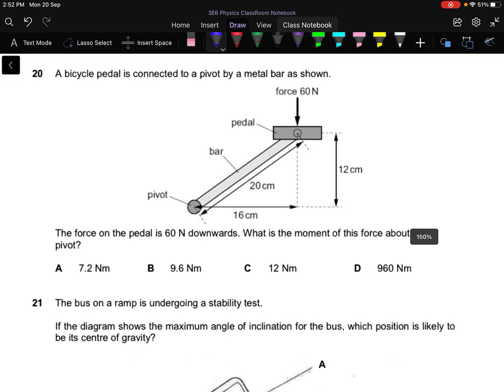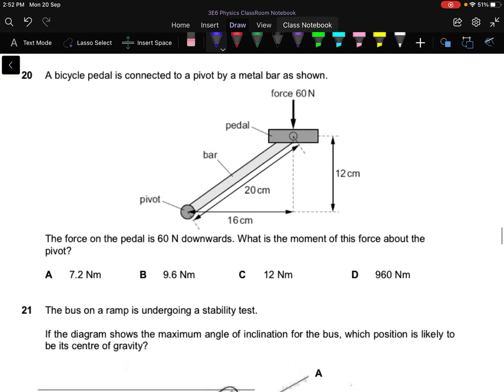Okay, for question 20, it is mainly a moment question. You are told that there is a force acting on the pedal and the pivot is over here. You're supposed to find the moment. Moment is given by the force times the perpendicular distance. This distance is between the pivot and the line of action of the force.